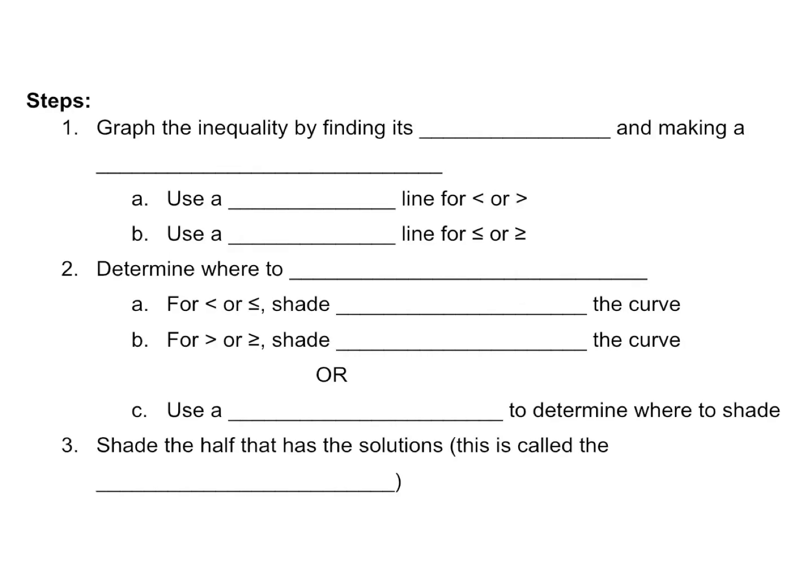The steps that we need to take for graphing an inequality on a coordinate plane are no different than graphing an equation to start with. The first thing I want to do is graph the inequality by finding its vertex and making a table of values.